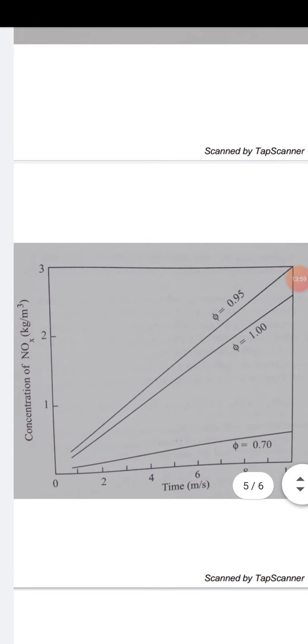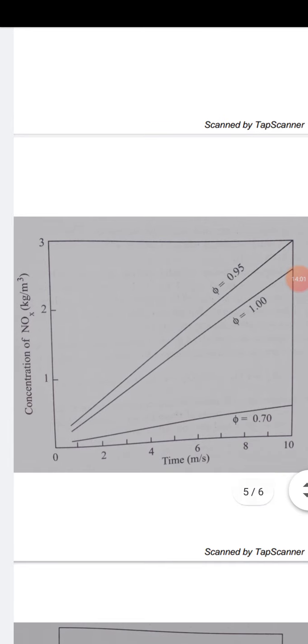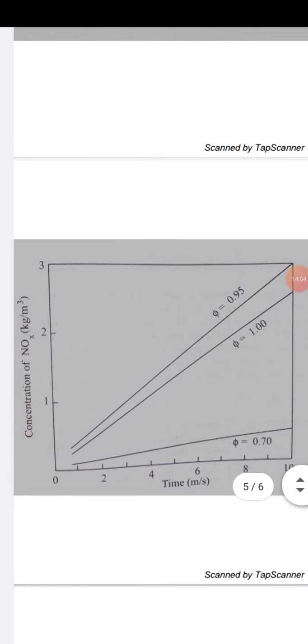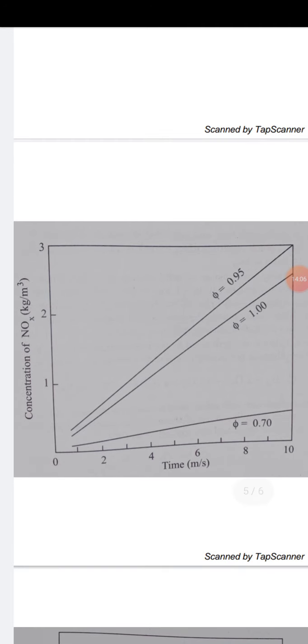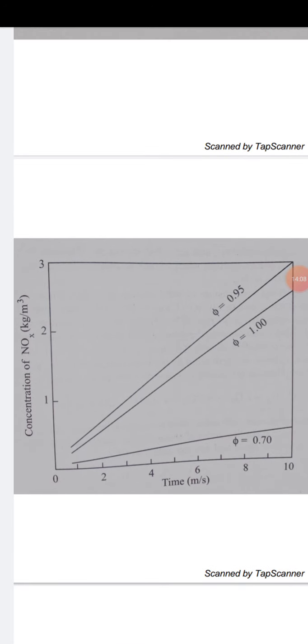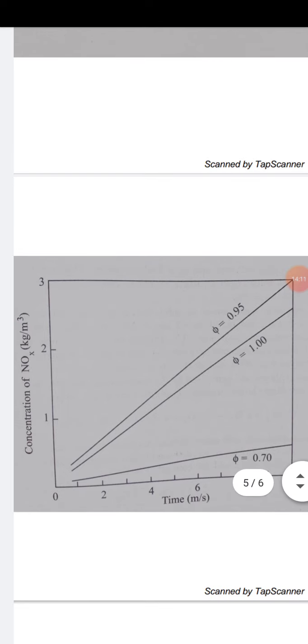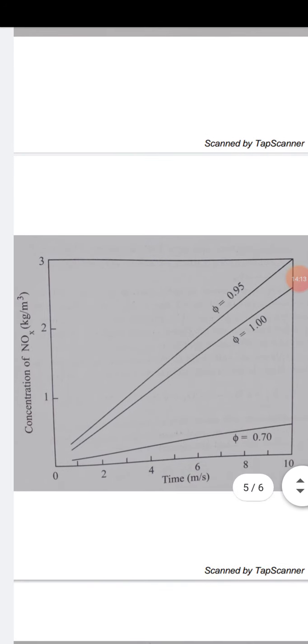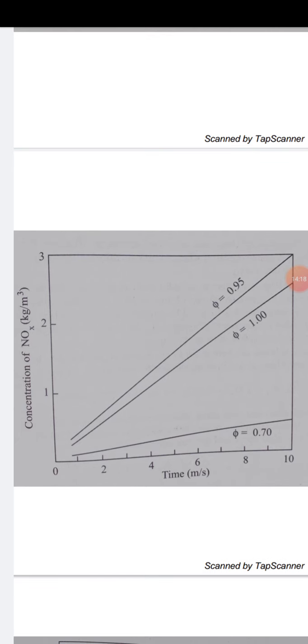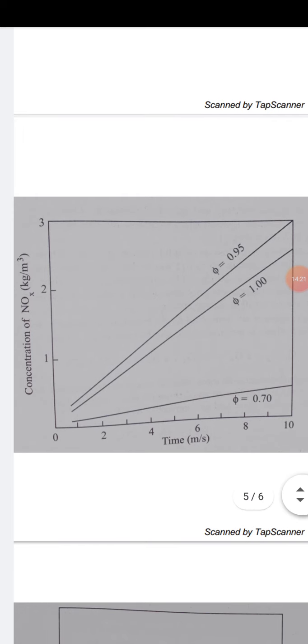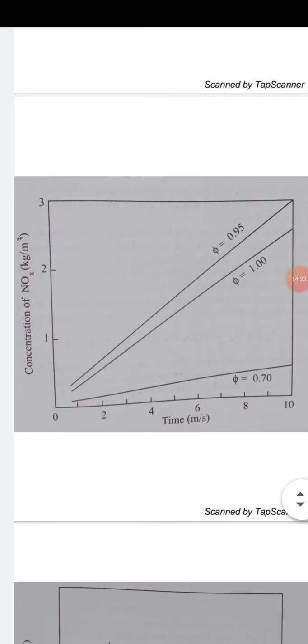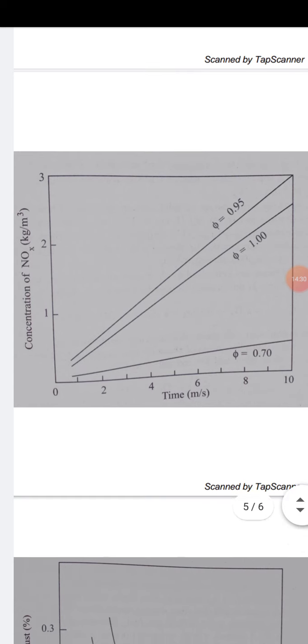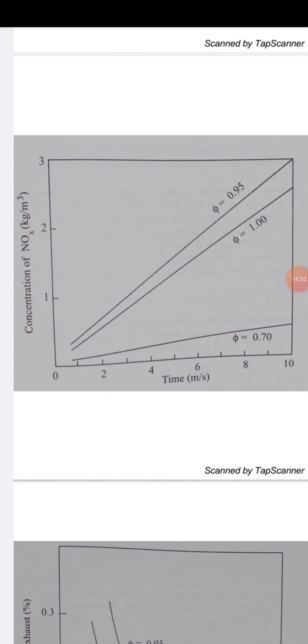In addition to temperature, the formation of NOx depends on the pressure and also the air fuel ratio. If the flame temperature is very high, and in addition there is excess oxygen that can combine with the nitrogen, that is the cause of excessive NOx production.